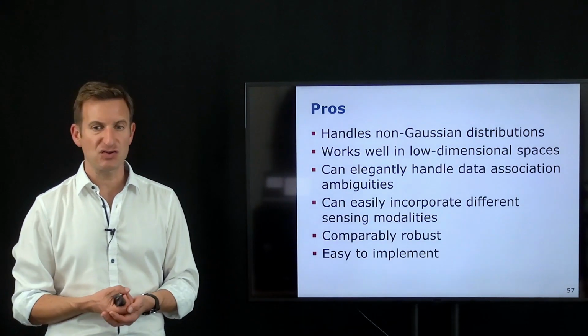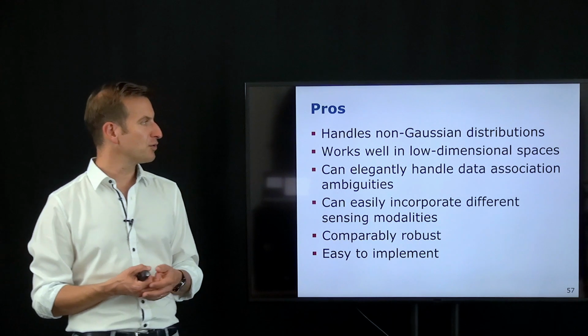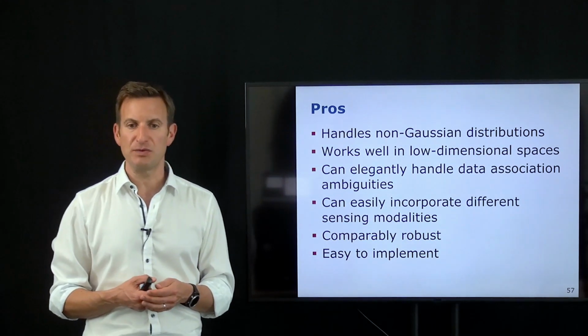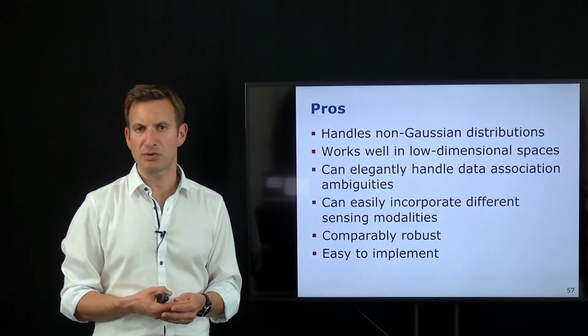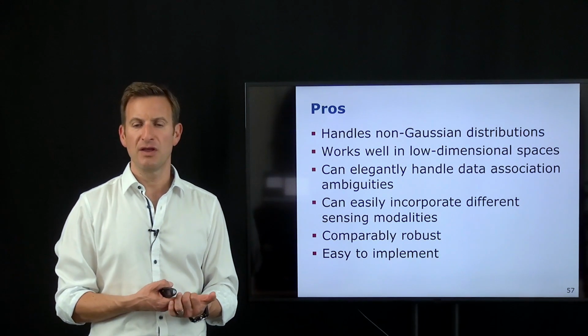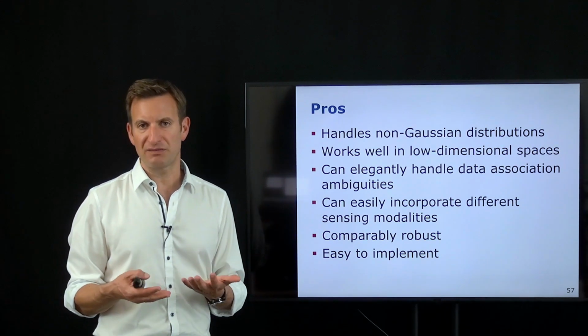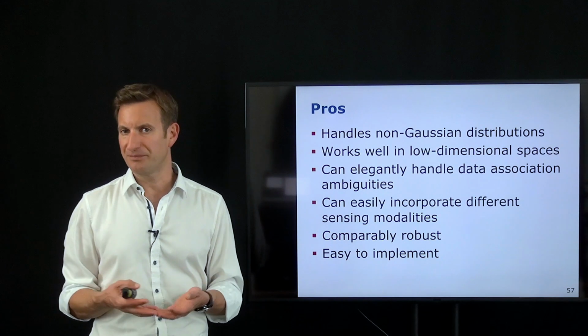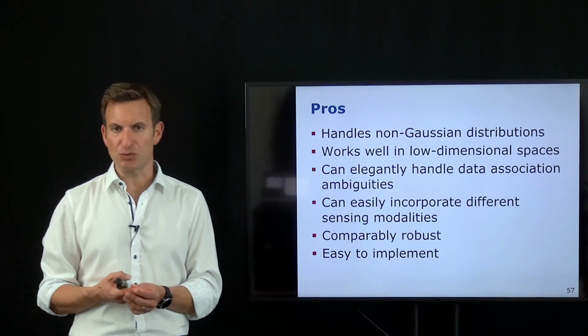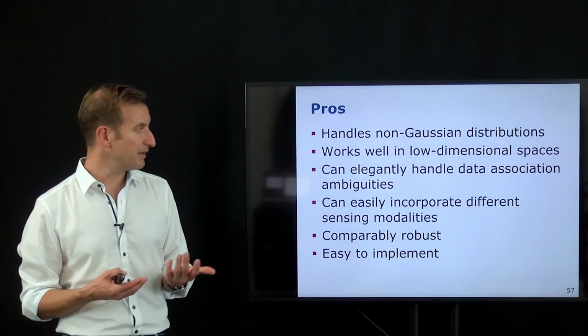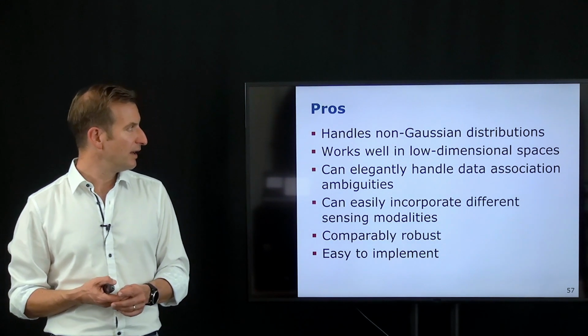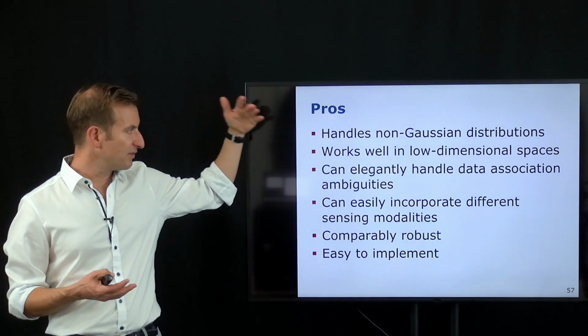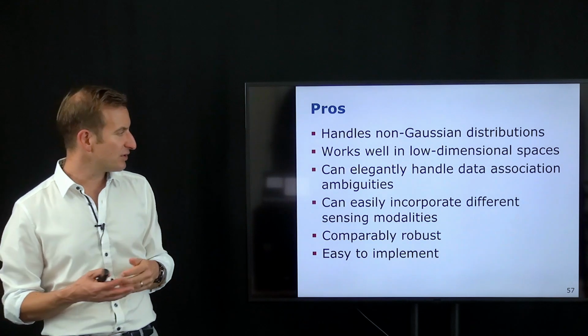It also has advantages. It's one of the few approaches which can handle non-Gaussian distributions very well. Other non-parametric approaches can, of course, also handle non-Gaussian distributions, but they suffer from certain problems, like an exponentially growing memory requirement depending on your state space, which can be tricky. The good thing is it really works well in low-dimensional spaces.